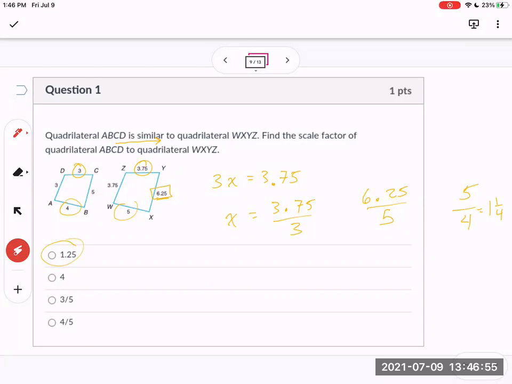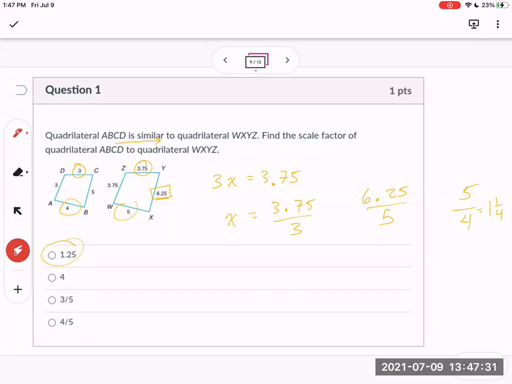Okay, hold on. Maybe we read this wrong. Find the scale factor of ABCD, that's the smaller one, to quadrilateral WXYZ. Maybe what they're saying is that ABCD is the image and WXYZ is the preimage.